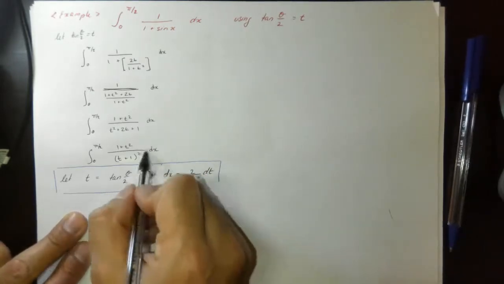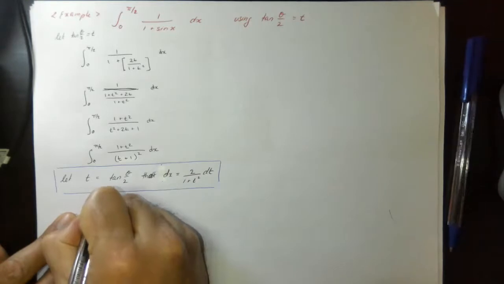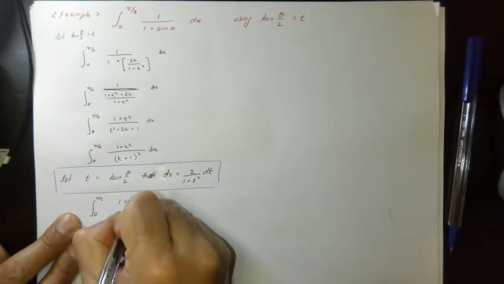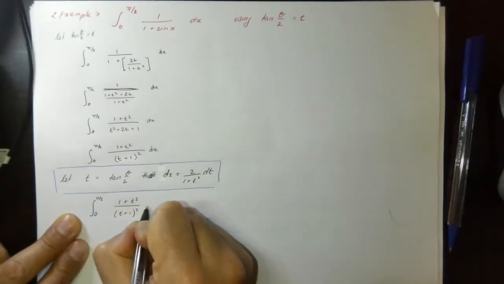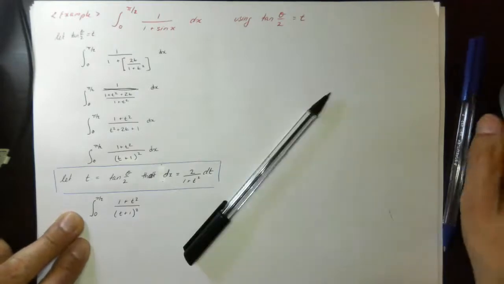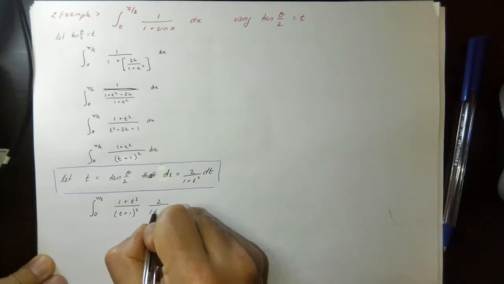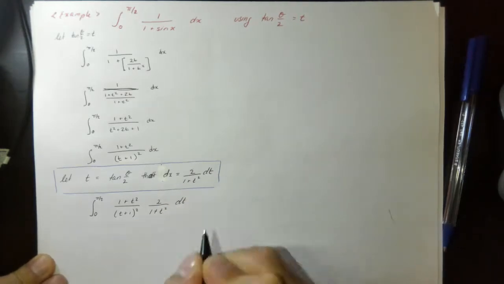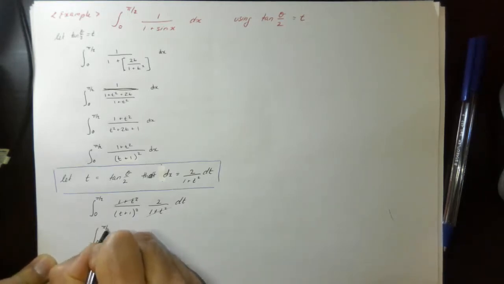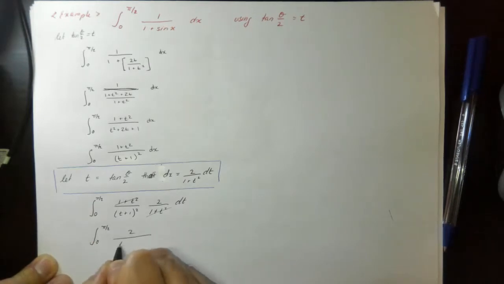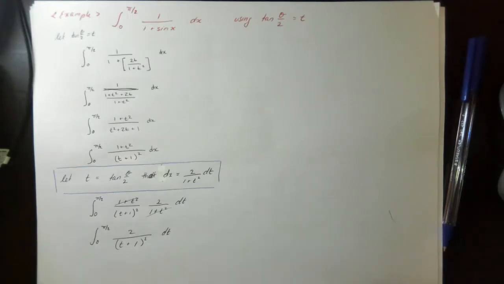So I'm going to replace dx with this. This cancels out that, leaving me just 2 over t plus 1 all squared dt.